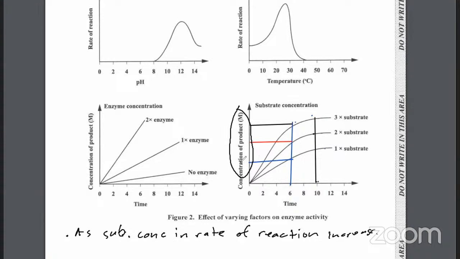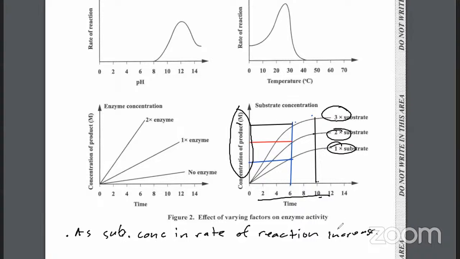So you would mention that. So from this graph, you get more products with 3 times substrate concentration than 2 times than the 1 time. All right. So just be careful, look at the axis, what is labeled there so you can discuss it.